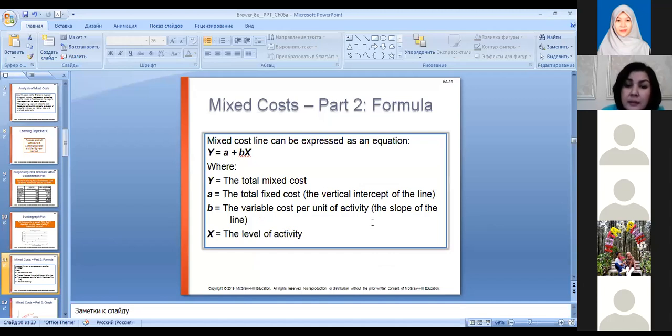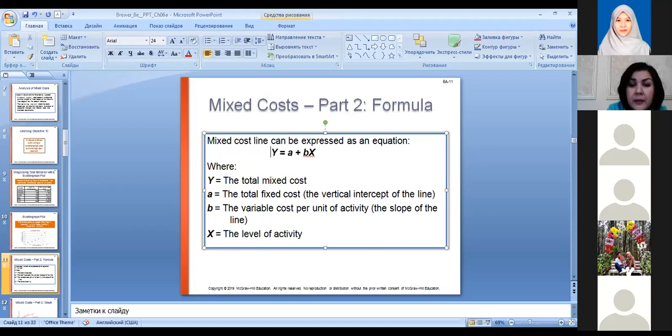And this linear relationship can be expressed. Do you remember we saw this formula? Y equals A plus BX. What is Y? Y represents total mixed cost. What is A?